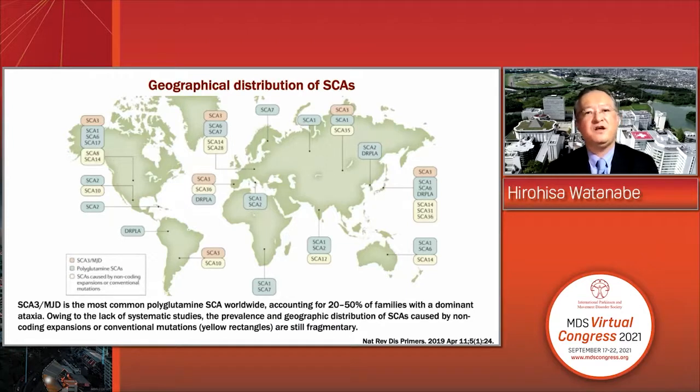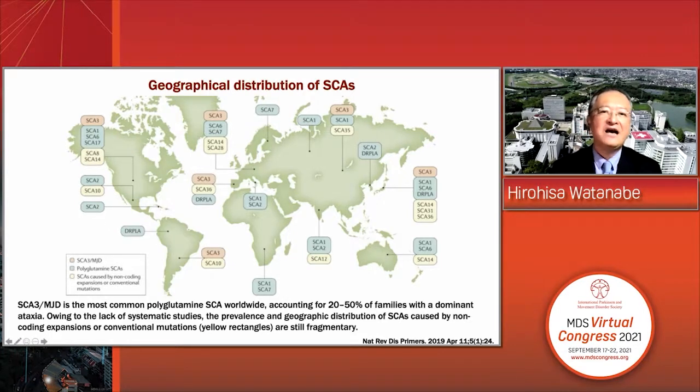This slide shows the geographical distribution of SCAs. As you can see, SCA3/MJD is the most common polyglutamine SCA worldwide, accounting for 20 to 50% of families with dominant ataxia.